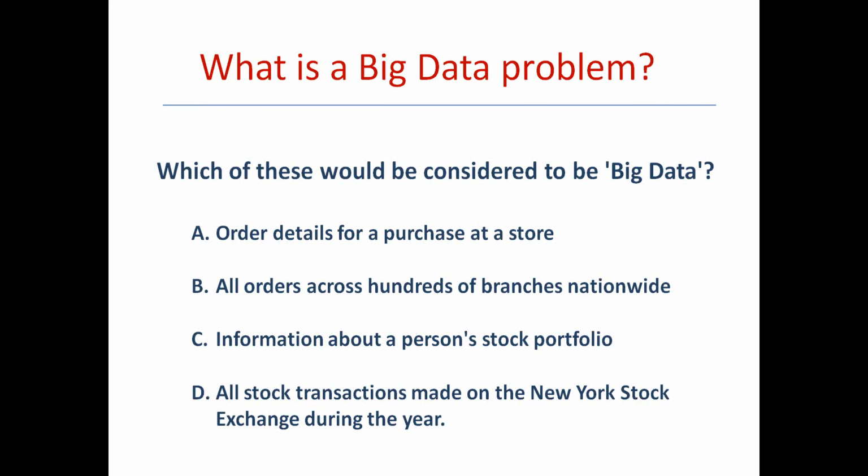So a quick question here, which of these can be considered to be big data? We have order details for the purchase at a store, all orders across hundreds of branches nationwide, information about a person's stock portfolio, or all stock transactions made on the NYSE during the year. So I'll answer this, you can try and guess yourself. In case of A and C, if you observe, that is a very small chunk of data.